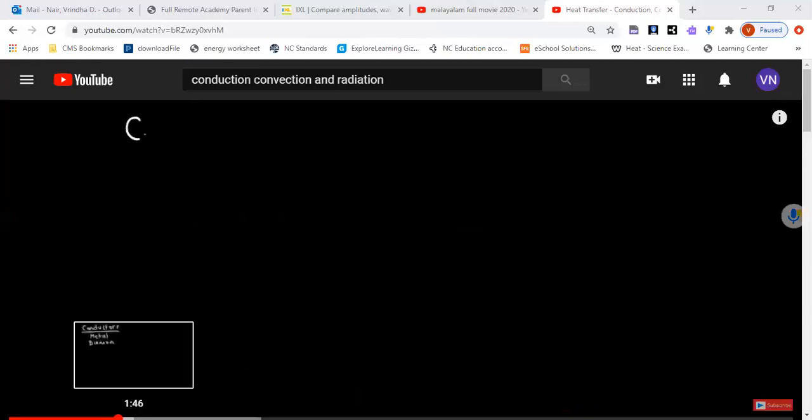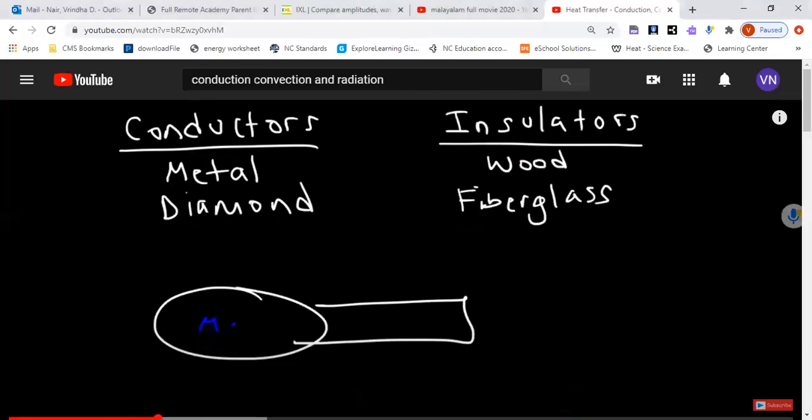Now, the next part would be what comes after conduction. We might have also talked about conductors and insulators, right? Conductors are all the metals that can transfer electrons from one end to the other.